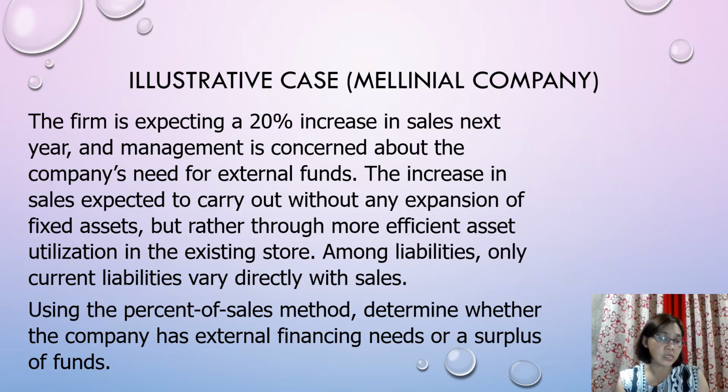Check nyo po dyan sa income statement, ang sales po, ang given po ay 2 million. And then yung cost of sales is 1,200,000. So, to get the gross profit, ililess lang po natin yung 2 million sa 1,200,000. So, yung gross profit is 800,000.